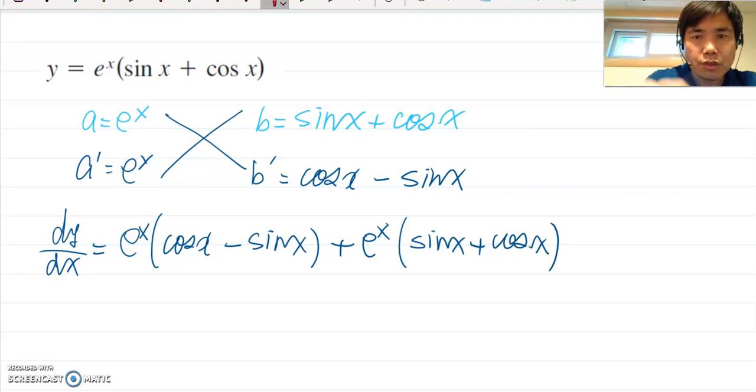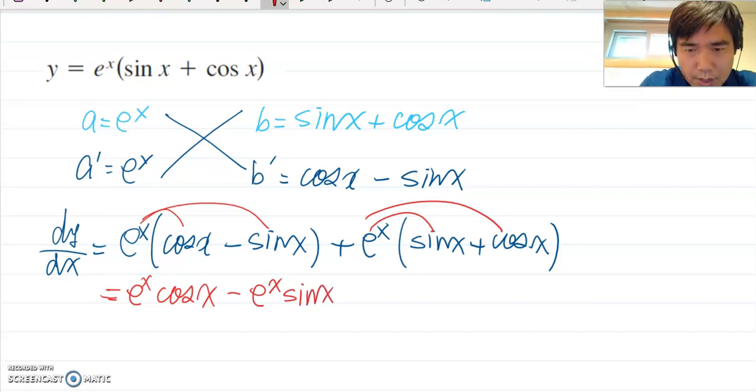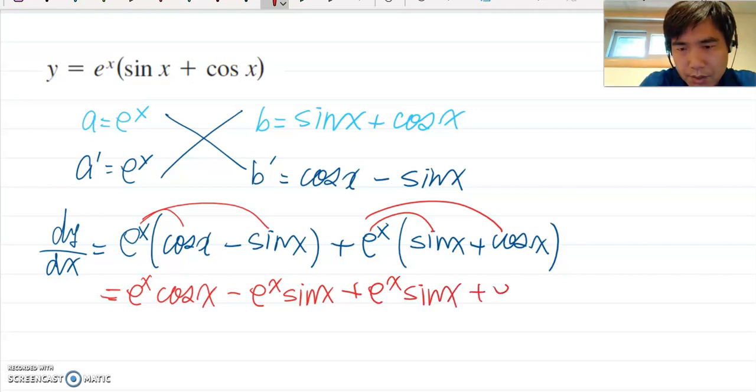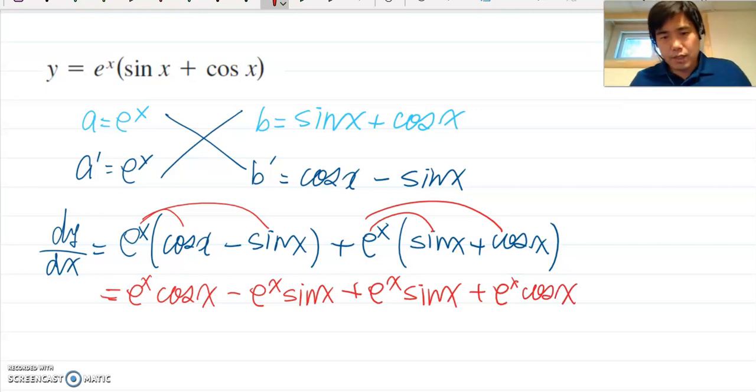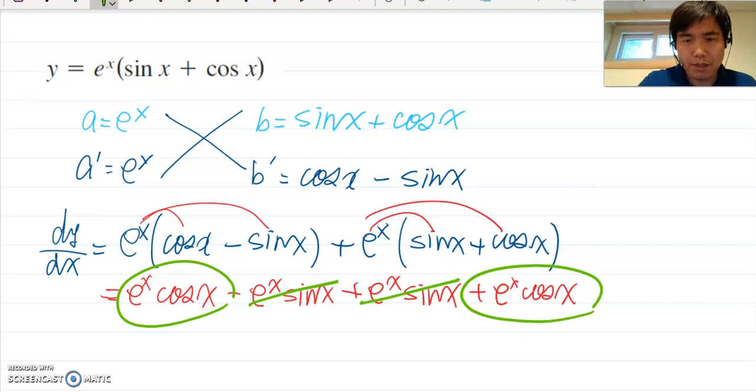Now we want to simplify, so distribute, then this becomes e to the x cosine x minus e to the x sine x plus e to the x sine x plus e to the x cosine x. Now look at this expression carefully, whether you have anything to simplify. Actually, I see these two cancel out. And then those are the same term with the same sign, so we can combine them.